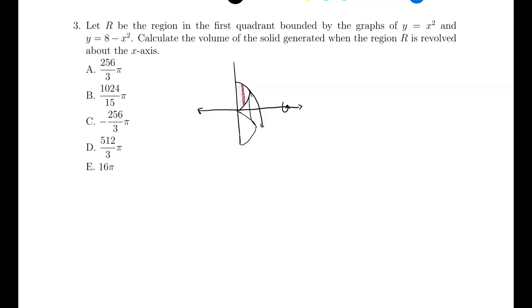So it would look like this. So this particular curve here would look like that. There we go. So this would be our solid. That's the solid when the region is revolved about the x-axis.